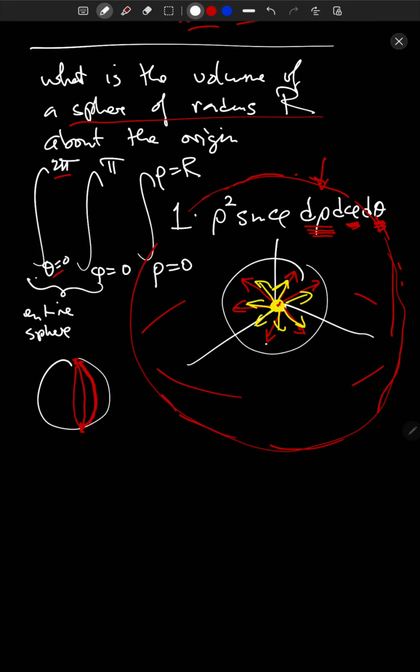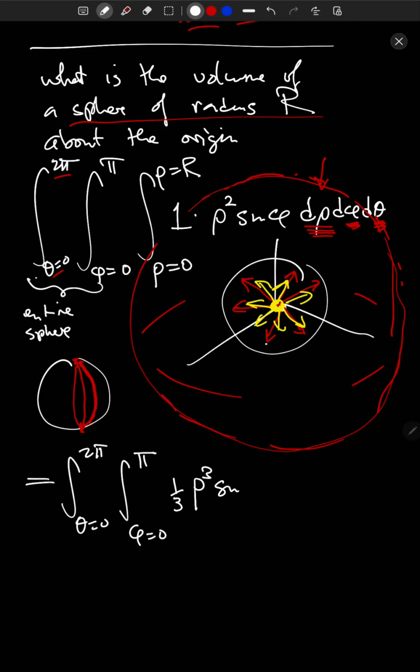All right, so let's actually do this particular one just to see the formula for the volume of a sphere pop out. So this is going to be 1/3 rho cubed sine phi evaluated from rho equals 0 to capital R, d phi d theta.